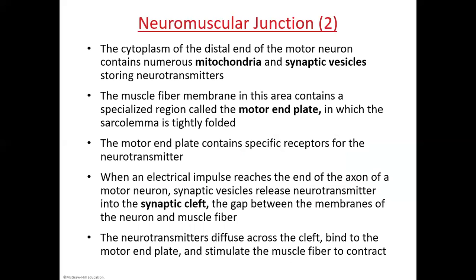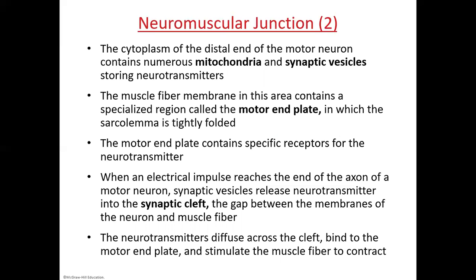So the motor neuron, in the end of it, it has a lot of mitochondria because it needs a lot of energy to do this action, to make the muscles contract. And it has the synaptic vesicles. So it's just a vesicle that has the neurotransmitter in it. It's synaptic because it's found at the synapse.